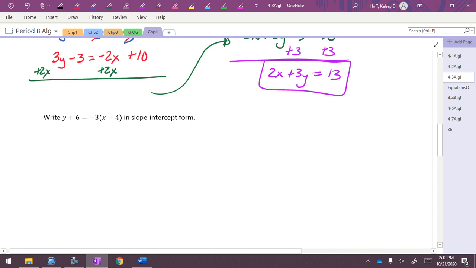Agreed? Okay, so how could I take y plus 6 equals negative 3 times x minus 4 and write it in slope intercept form? What's the first thing I need to do? I still need to distribute right away. Y plus 6 equals negative 3x plus 12. How would I get this into slope intercept form then after that?